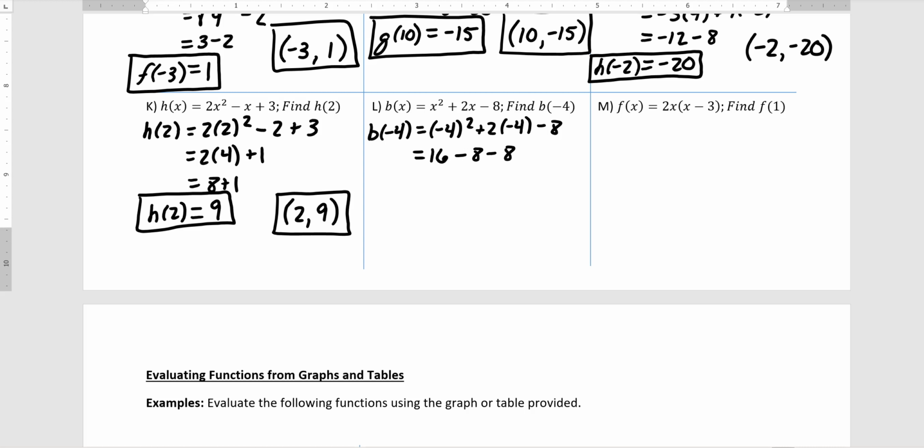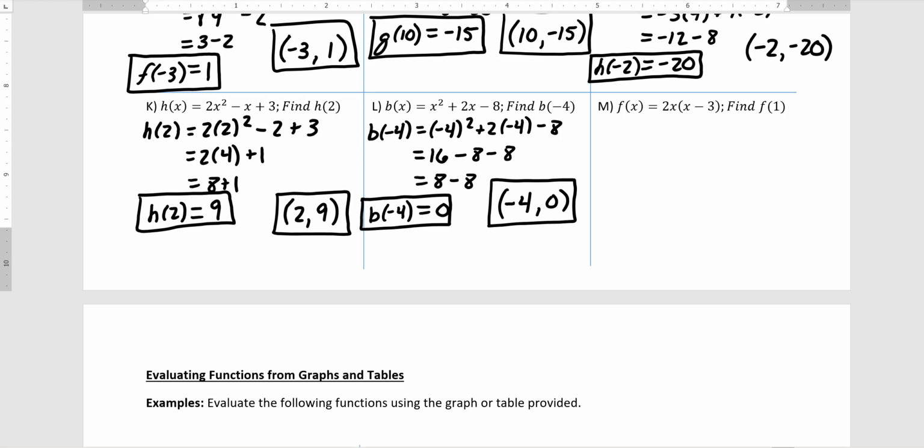And then I'm going to have minus 8. Well, 16 minus 8 is 8. 8 minus 8 is what I'm left with. So 8 minus 8 is just 0. So that tells me that b of negative 4 equals 0. There it is in function notation. And as a coordinate pair, my input was negative 4. My output was 0. (Negative 4, 0).